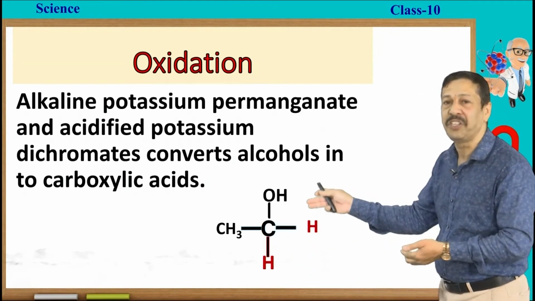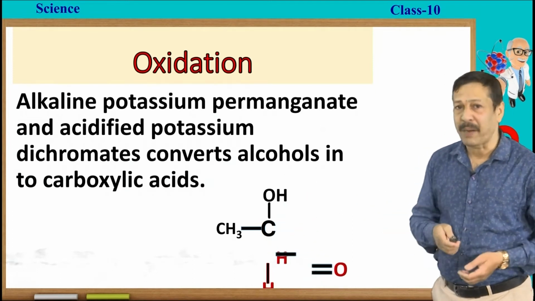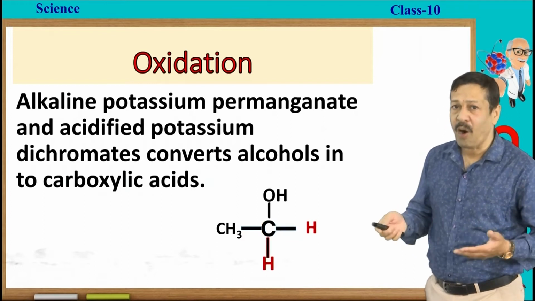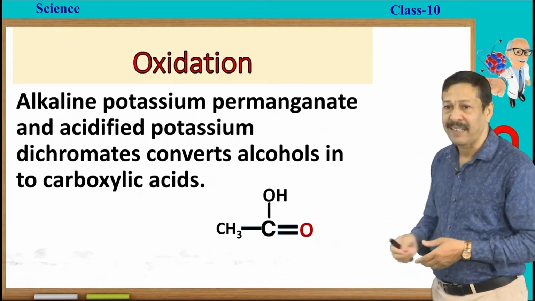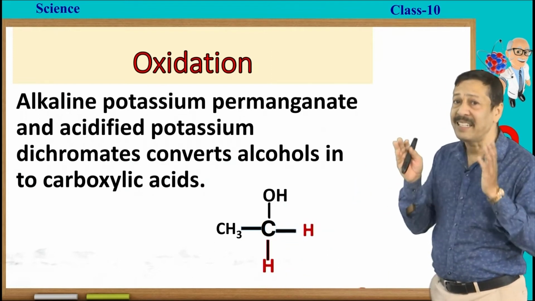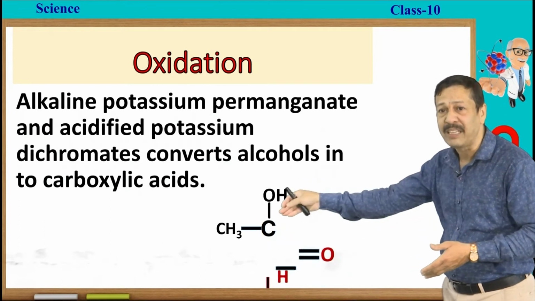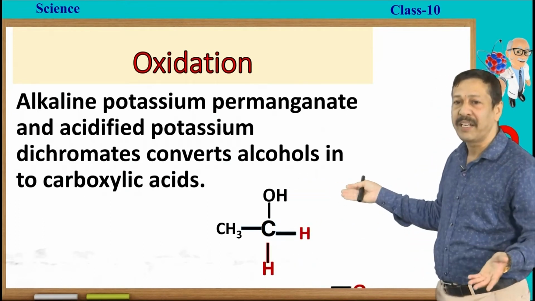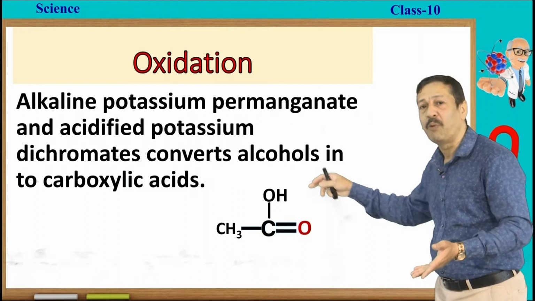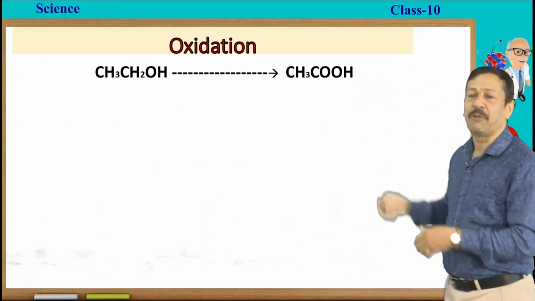Addition of oxygen: during the reaction, potassium permanganate or potassium dichromate generates oxygen. That oxygen, called nascent oxygen or atomic oxygen, combines with this alcohol and is converted into CH3COOH, ethanoic acid.